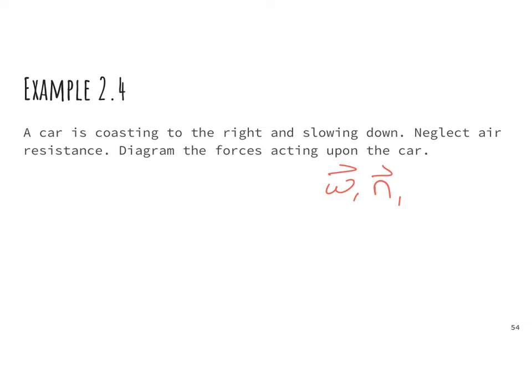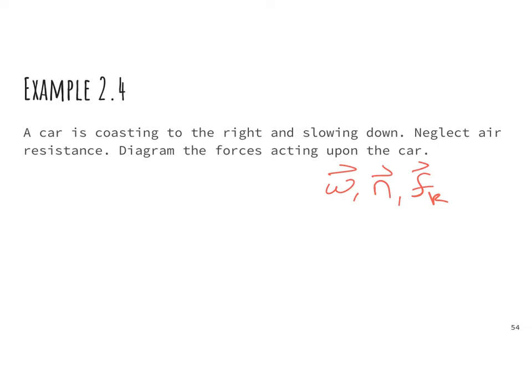And if I'm going to the right but slowing down, that means I've got some type of friction that is causing me to slow down. In this case, this is the friction of motion, so we'll call that kinetic friction. And the question is, what is the force going the opposite of the friction? And the answer is there isn't one.